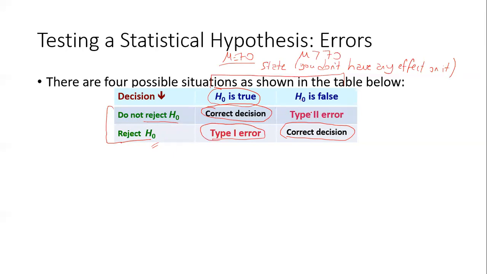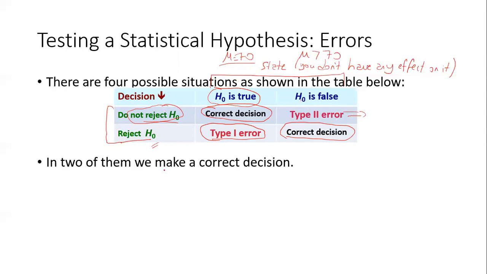For the last case, assume that H0 is false, which means mu is greater than 70, but you do not reject H0 and say that mu is equal to 70, you can use it. So that's another error, and that's what we call type 2 error.